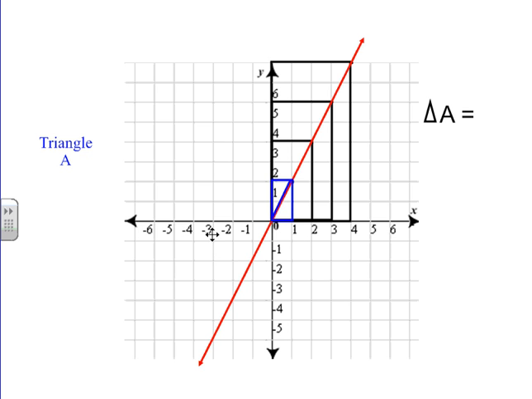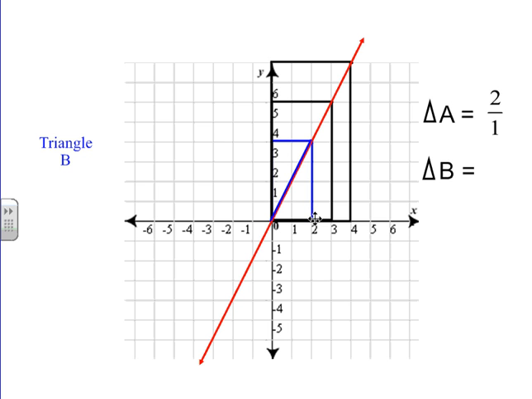We can see that this measures 1 across and 2 high. So if I was going to say the slope of the line using this triangle, or the change in the triangle, we're going to say it changes by 2 over 1, or that it rises 2 over 1. Let's continue and take a look at the next triangle, which we will call triangle B, a little bit larger.